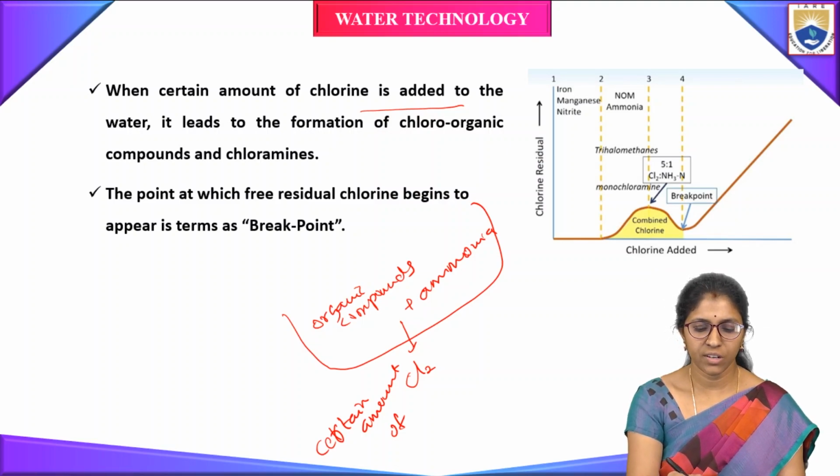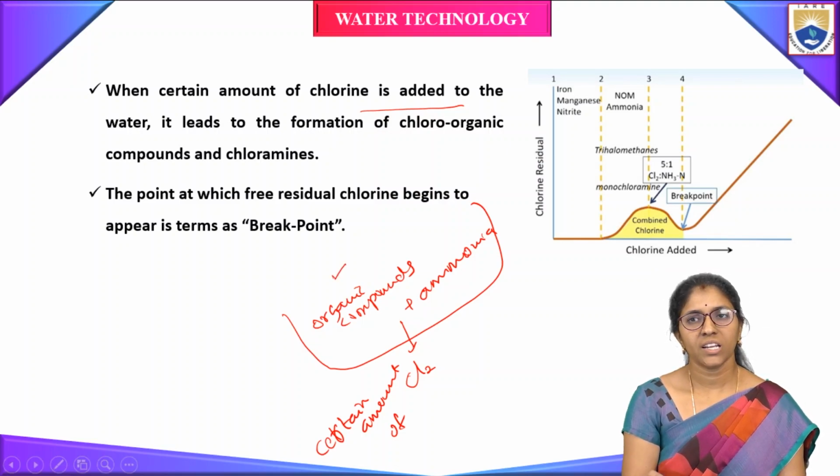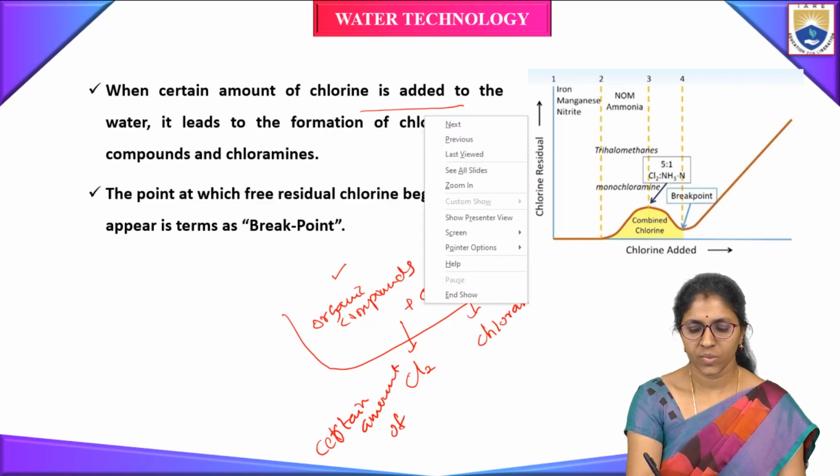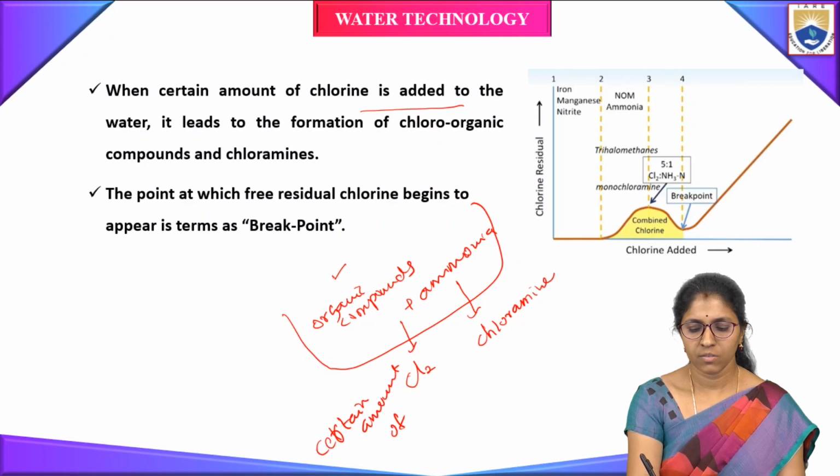Then this will form chloroorganic compounds with organic compounds, and chloramines with ammonia. This will form during the breakpoint chlorination.